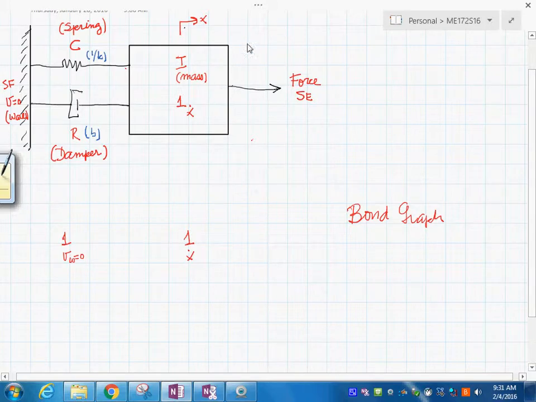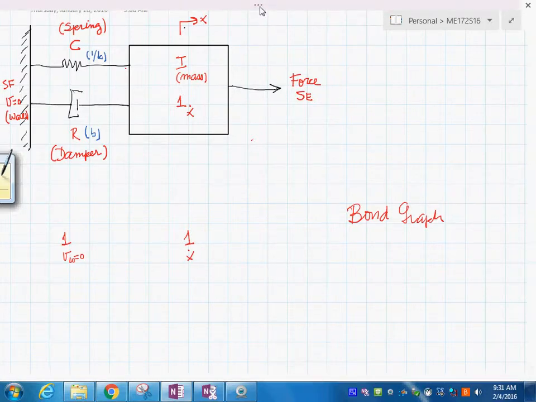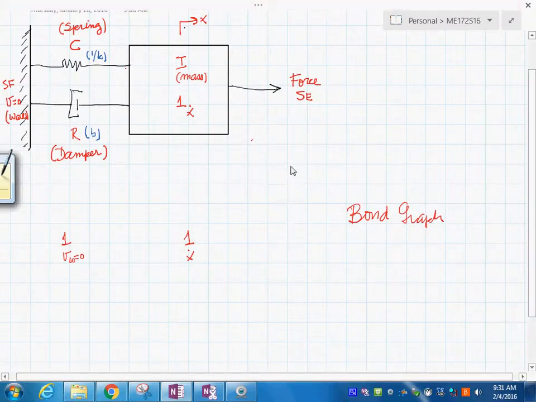So in here you're going to have, let's say, a source of effort. This is going to be the force F. I put those two little dots to indicate whatever is next to it is the value of that element.